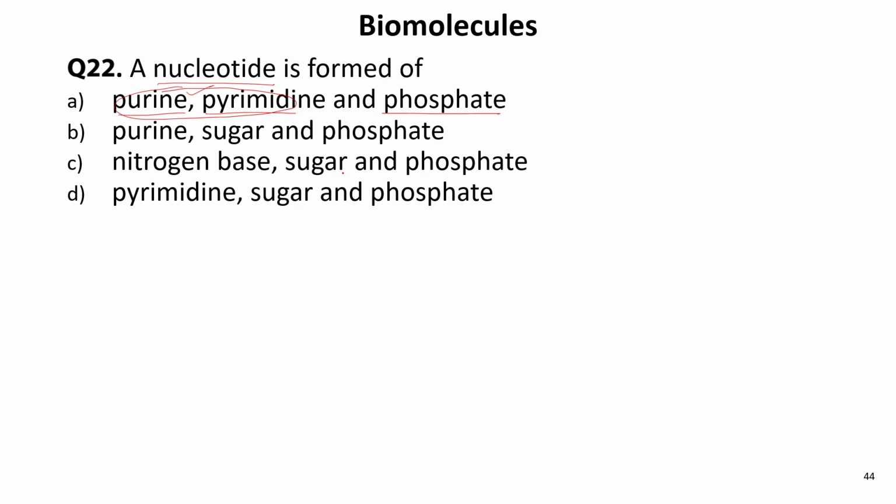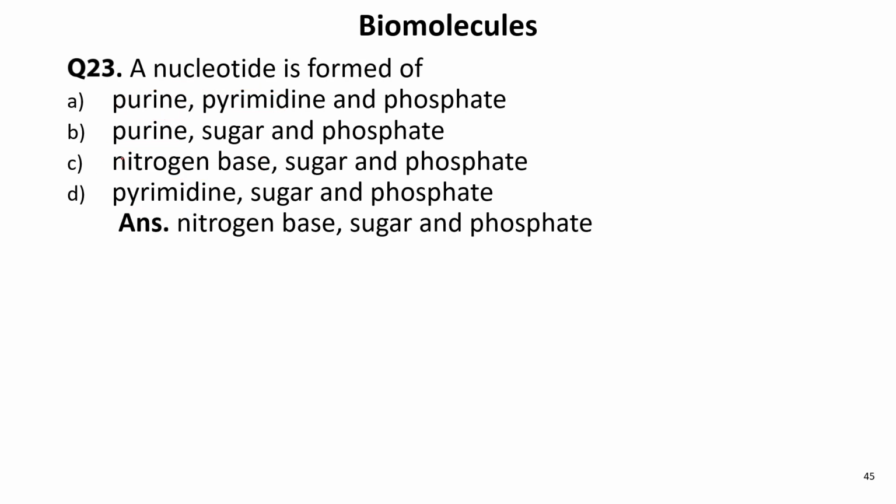According to this, these are also correct, but the best option is nitrogen base, sugar and phosphate. Why? Because when you write nitrogen base, it covers both purine as well as pyrimidine. So C is the correct option: nitrogen base, sugar and phosphate.